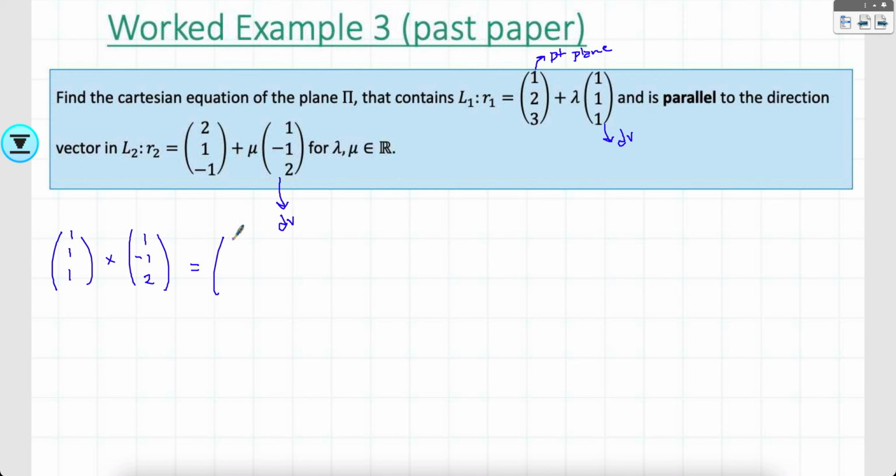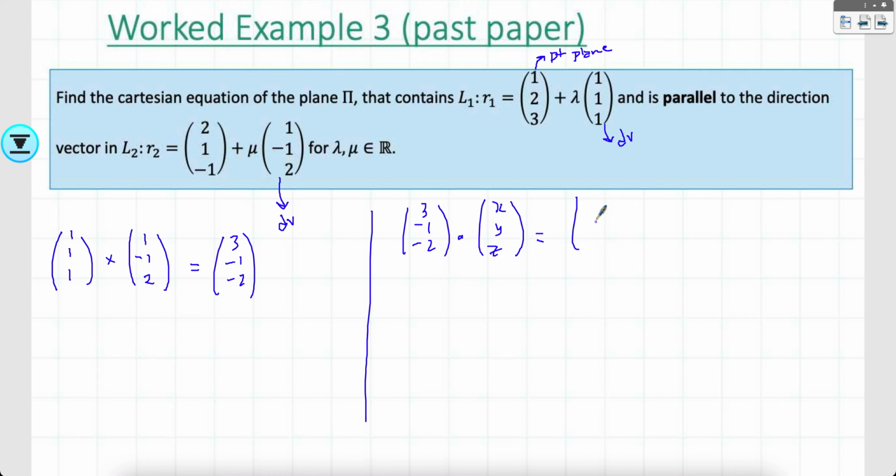So the cross product here is going to be 3, minus 1, minus 2. And then to write it in Cartesian equation, I need to take the normal with the x, y, and z, the scalar product, and then equals the normal times my point, which is 1, 2, and 3.